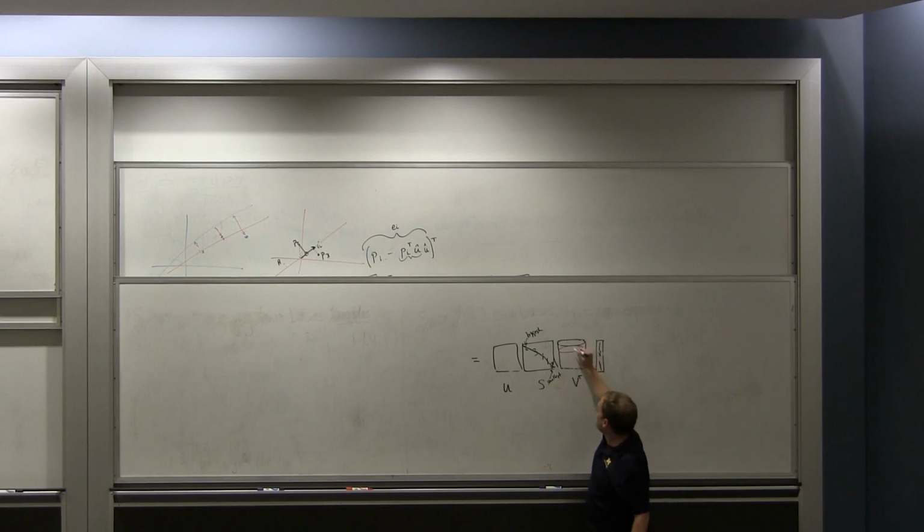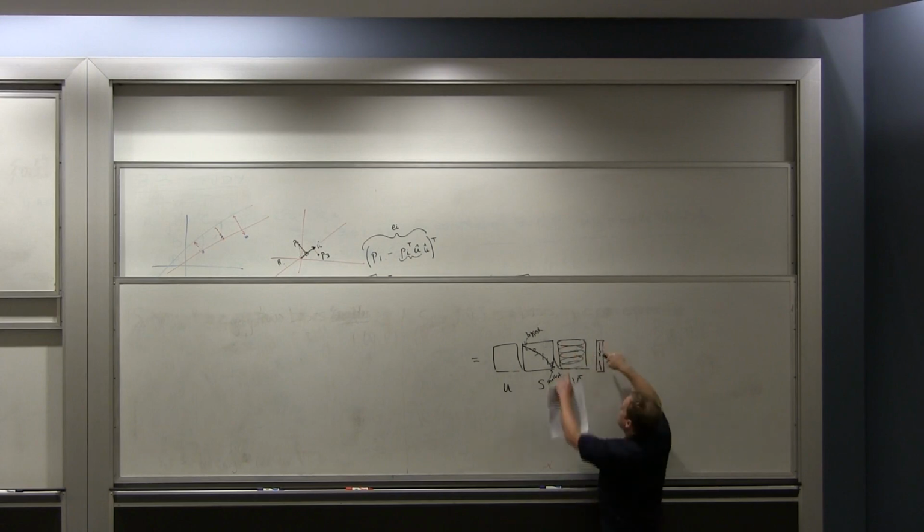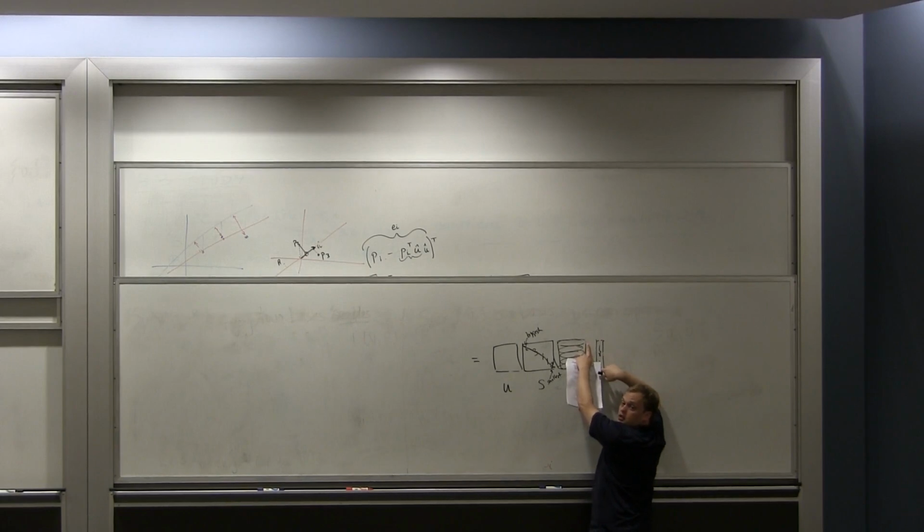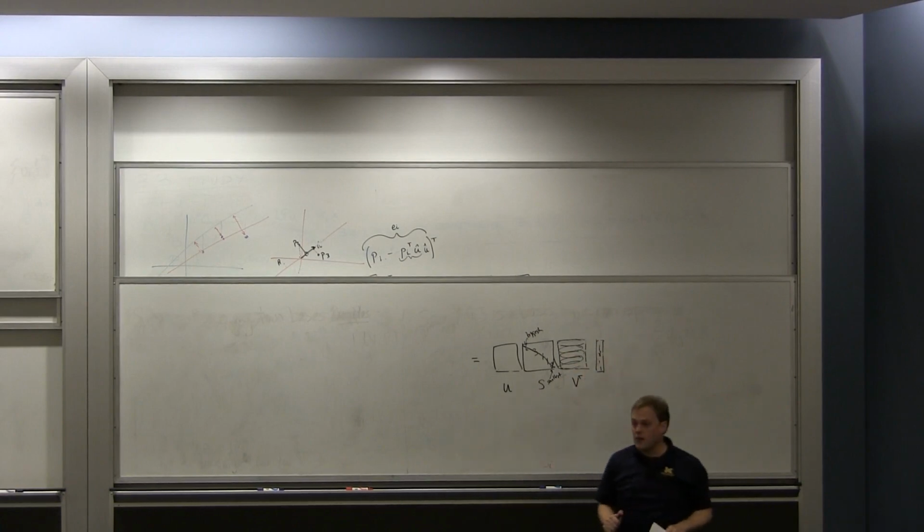All of its columns are perpendicular to each other. If I pick this, I'm taking the dot product of this vector with itself, which is going to give me magnitude 1. And because all of these rows are perpendicular to each other, the dot product of this guy with any of the other rows is going to be 0. All right, everybody happy with that?